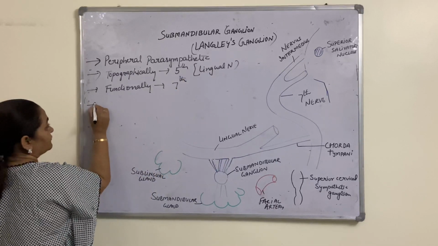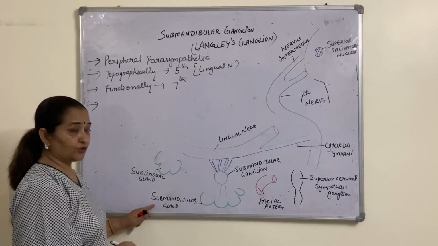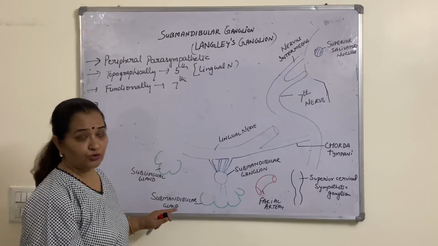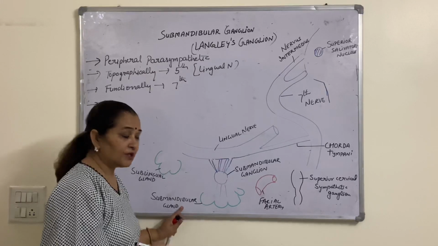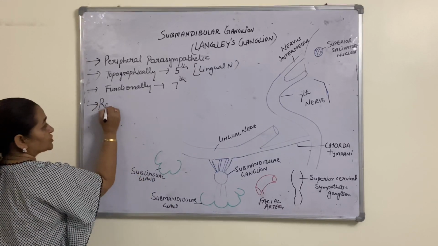Then coming to the different routes, as I have told you, this peripheral parasympathetic ganglion is taking the secretomotor fibers from the higher center to the submandibular gland and sublingual gland. So what are the different routes of this ganglion?